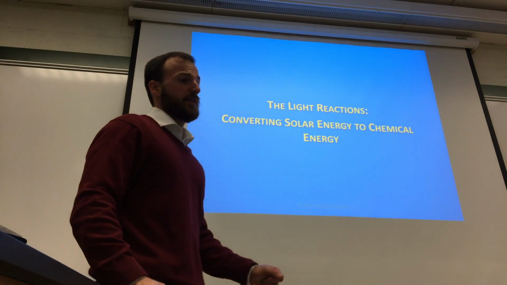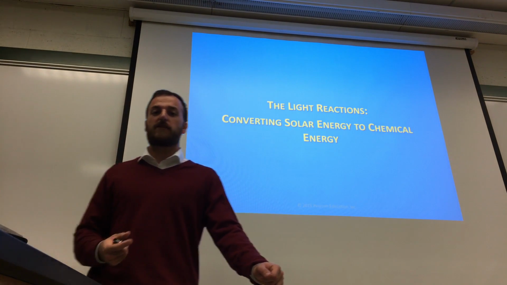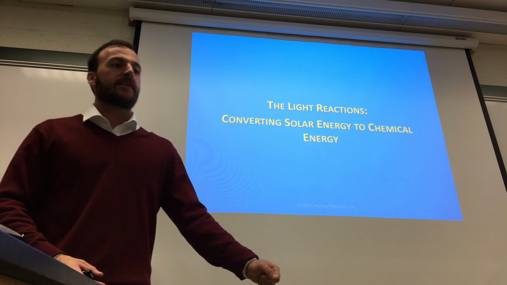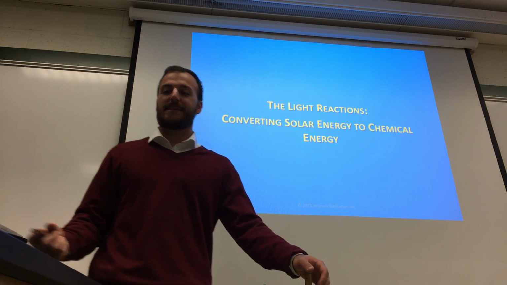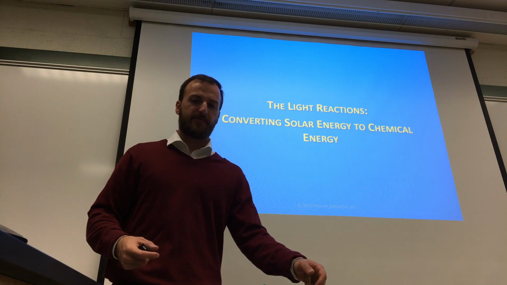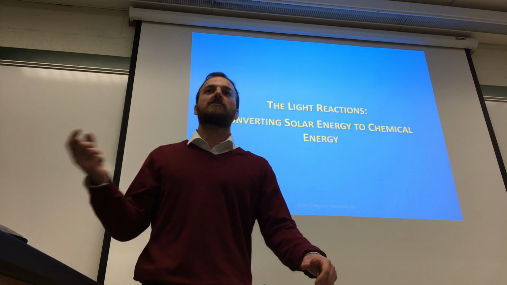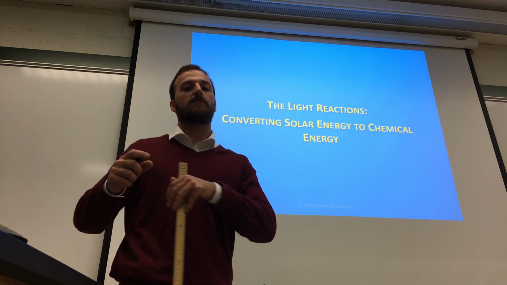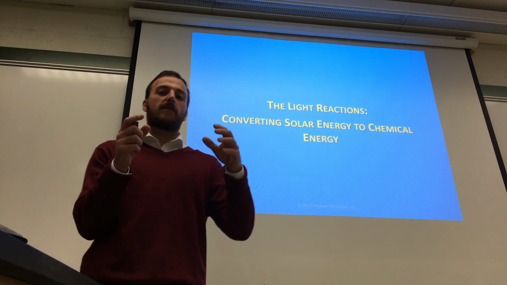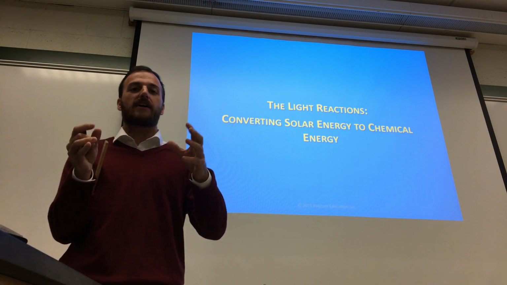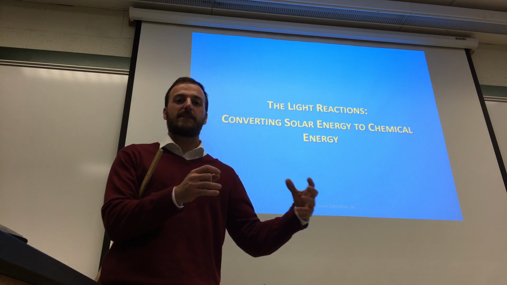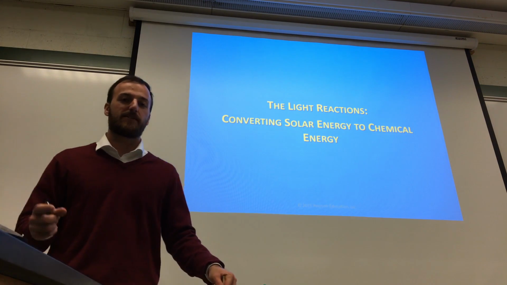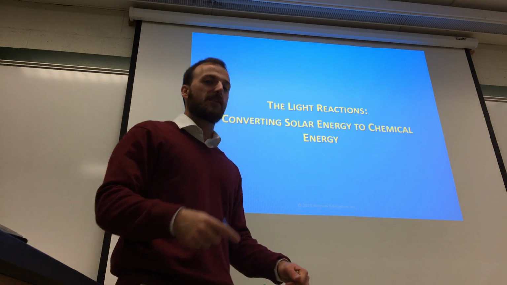Going from cell respiration to photosynthesis now. Photosynthesis is quite the opposite. We're going from breaking glucose, oxidizing glucose to form ATP, and in photosynthesis we're actually using ATP and NADPH to help make glucose.